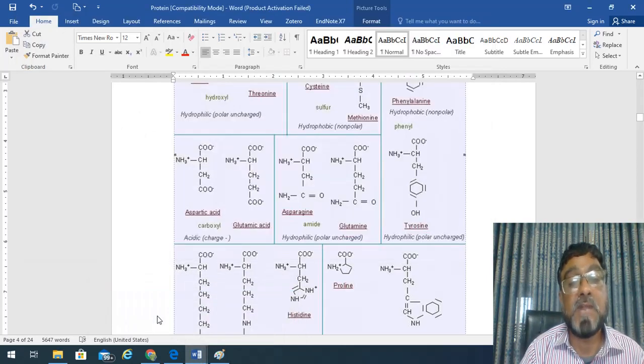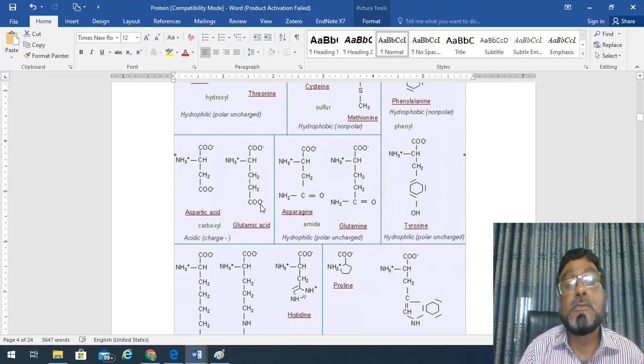So this is the aspartic acid, and for the glutamic acid you will be adding another CH2 at that point. This is the acidic and charged. Acidic behavior is due to the presence of this extra COOH group, and you can see the charge on it.